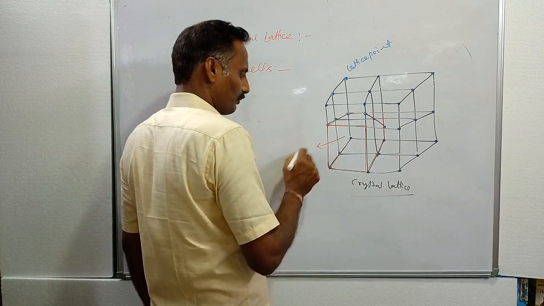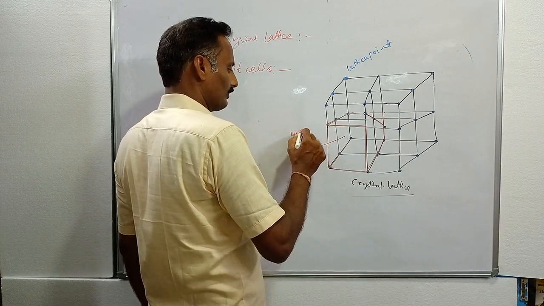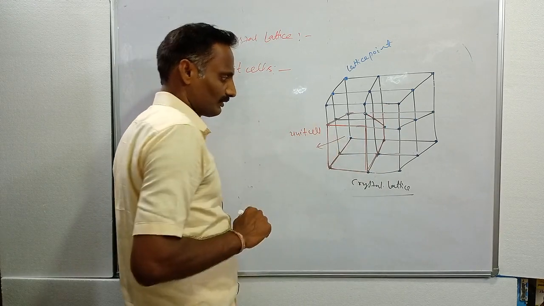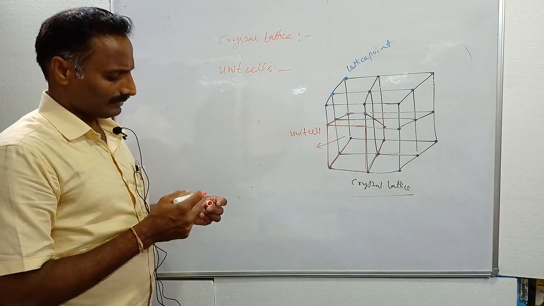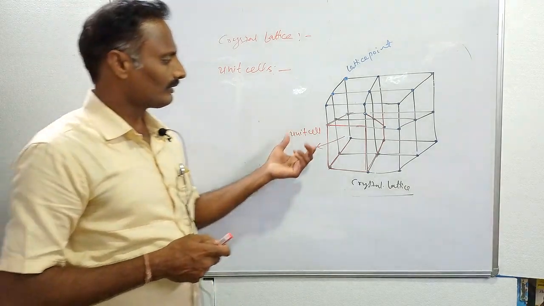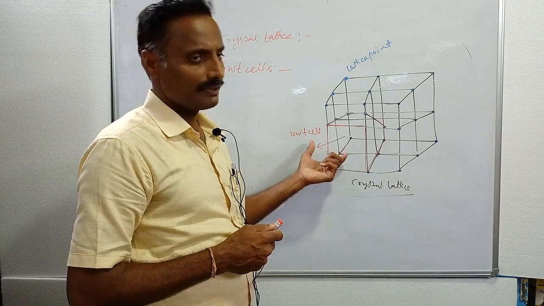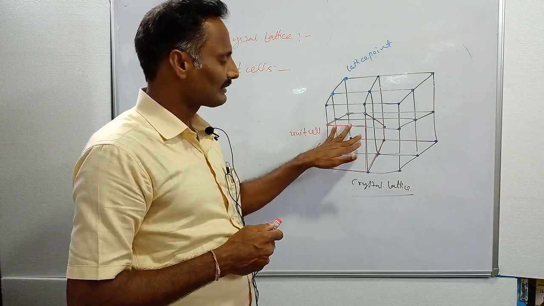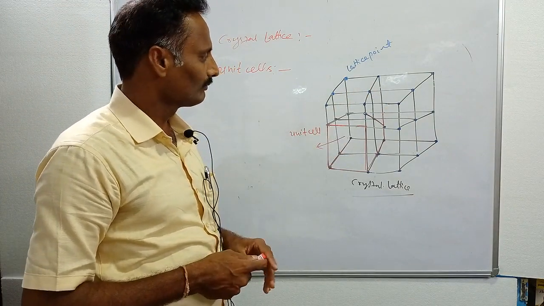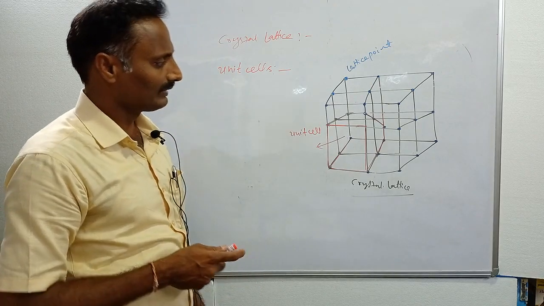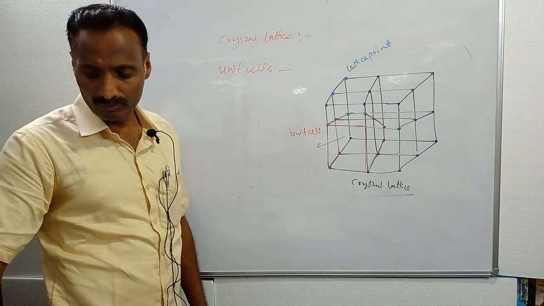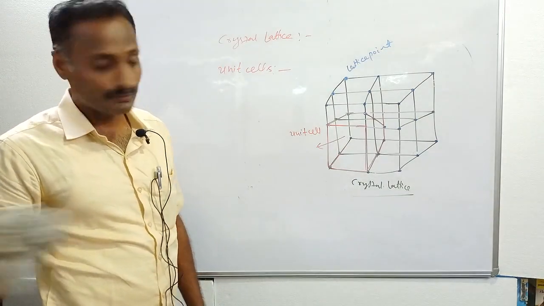This small portion of the crystal lattice is called a unit cell. The smallest portion in the crystal lattice, which when repeated in a three-dimensional nature generates the entire crystal lattice, is called a unit cell. This is about the unit cell, a simple portion of the crystal lattice.